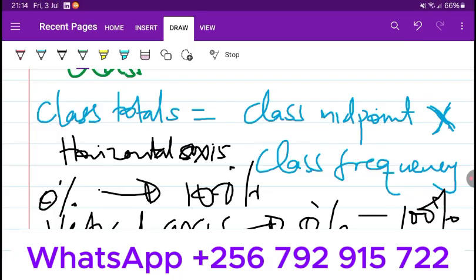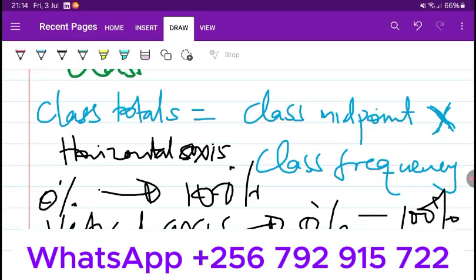So we are just trying to find the relative proportion of the values that are being represented on both sides of the curve.